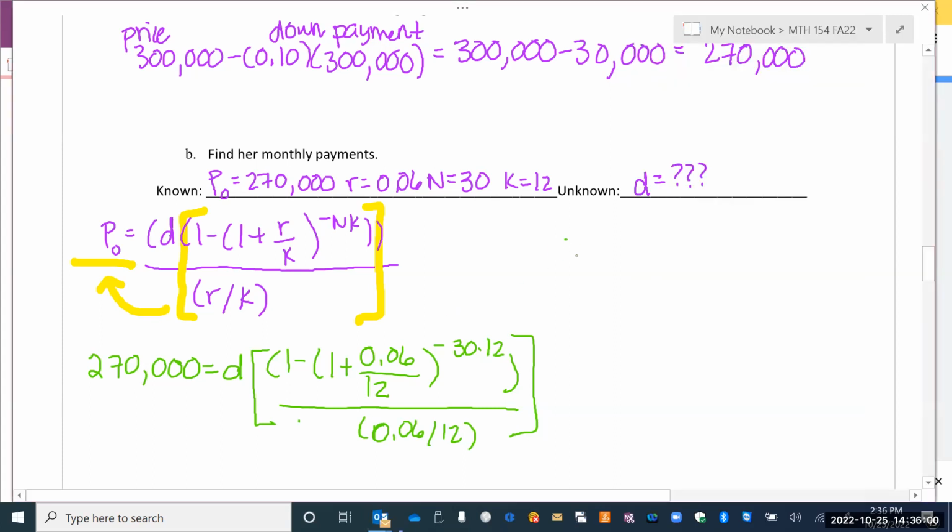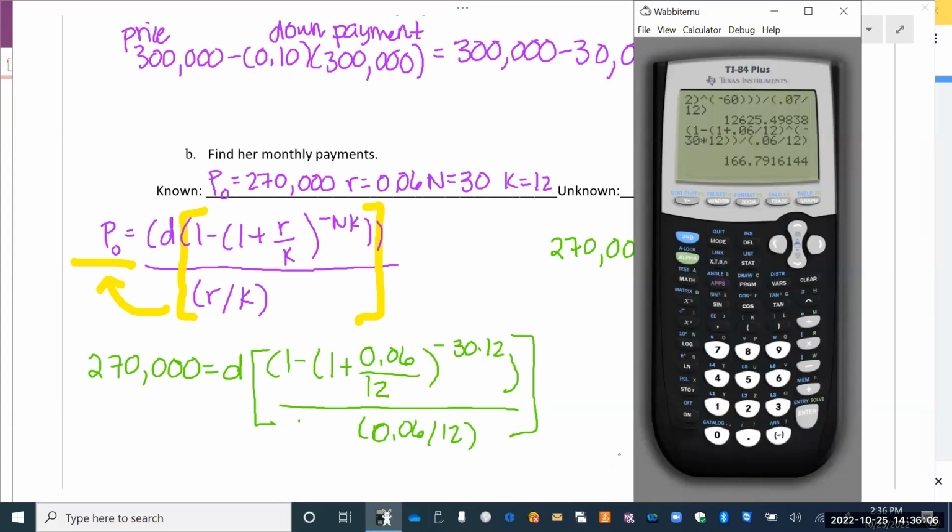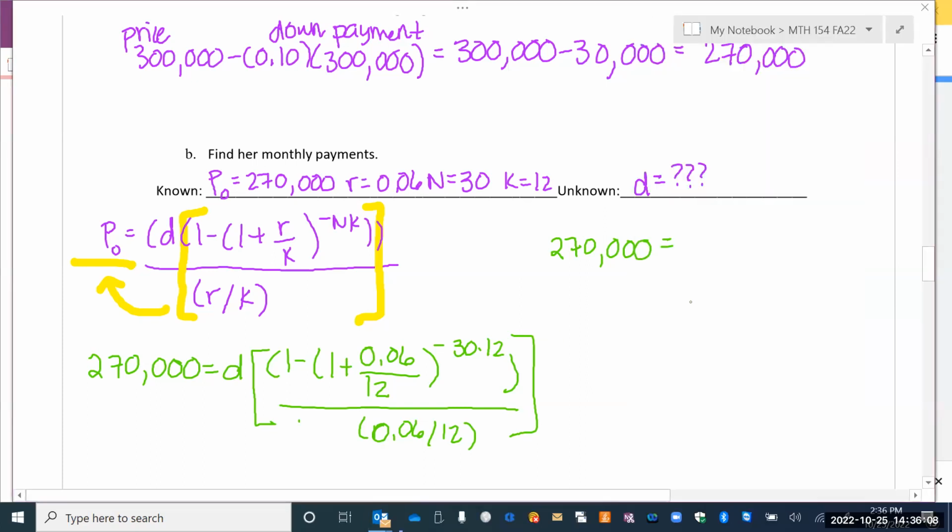All right, so 270,000 equals, what was our number? 166.7916 times D, because I took all that piece, and I can do that because with multiplication you can switch your order. So now I'm going to divide 270,000 by that 166.7916.